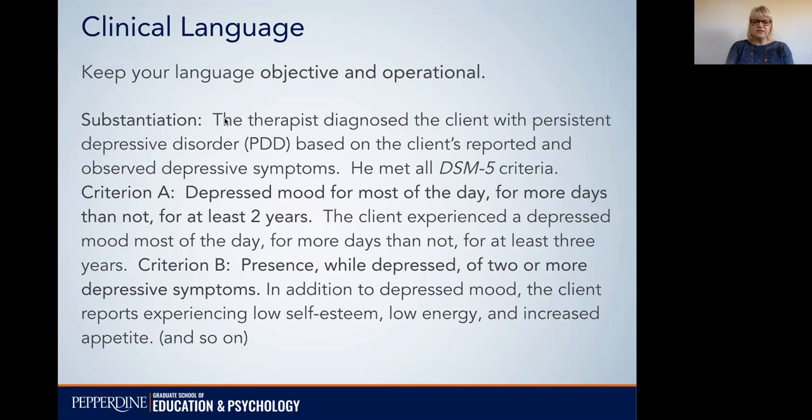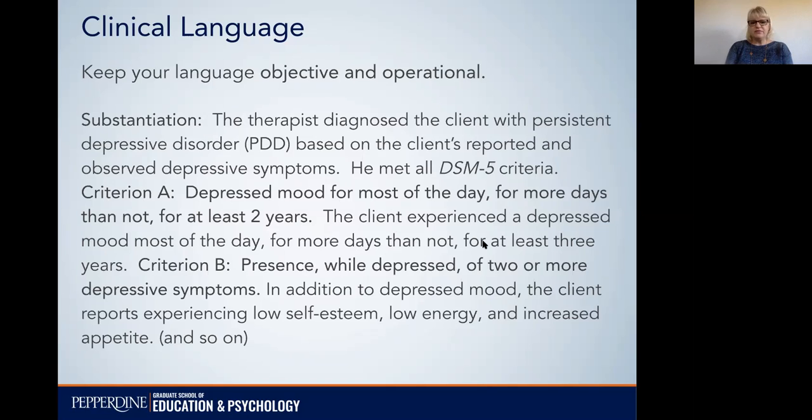So what this student has done is begin by saying the therapist diagnosed the client with persistent depressive disorder based on the client's reported and observed depressive symptoms. He met all DSM-5 criteria. Then the student pasted in criterion A, and it says depressed mood for most of the day, for more days than not, for at least 2 years.